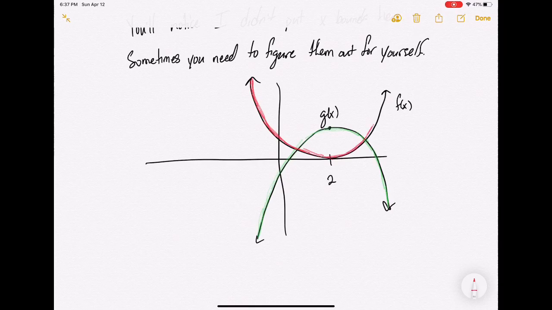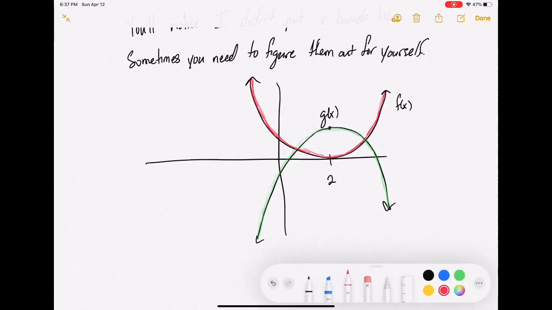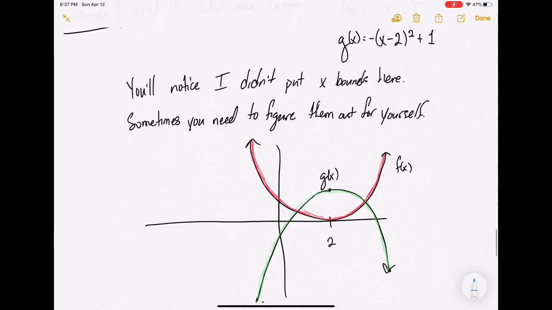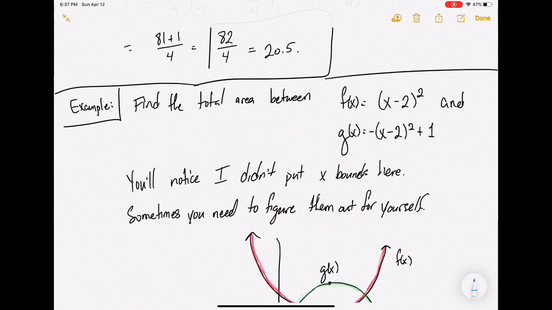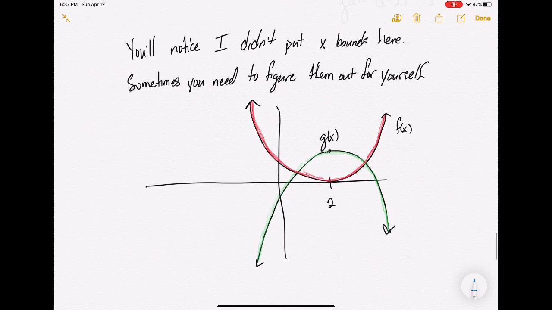So it's the g of x line and the f of x line here. And then now we want to put our thinking caps on and figure out what it means when it says find the total area between. And hopefully everybody looking at this graph can agree with me that this is the total area between.